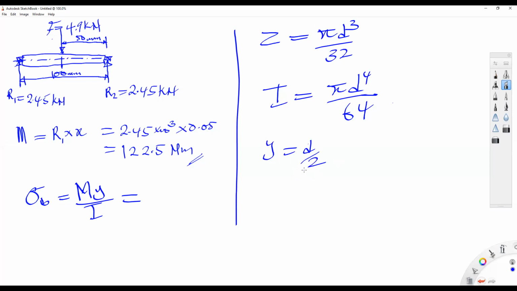So if we are using the section modulus, that is where that value comes in, because you are having y over I. When you do that, the 64 turns into 32, and the d remains as d cubed in the denominator. Are you okay? Yes, sir.